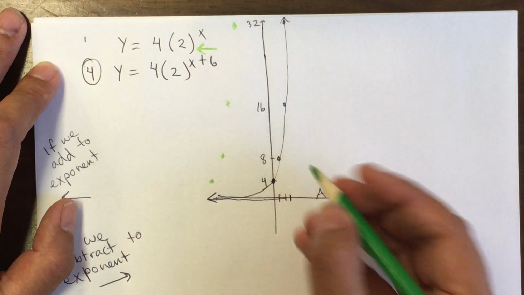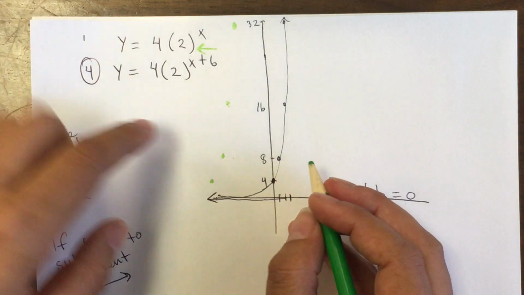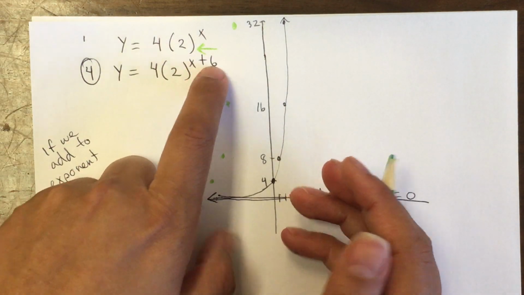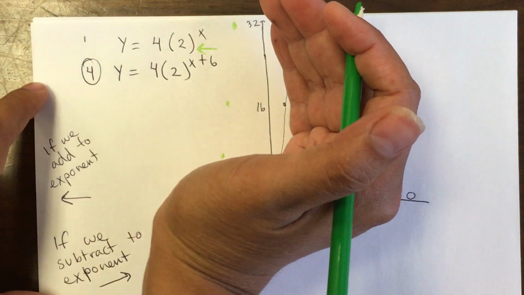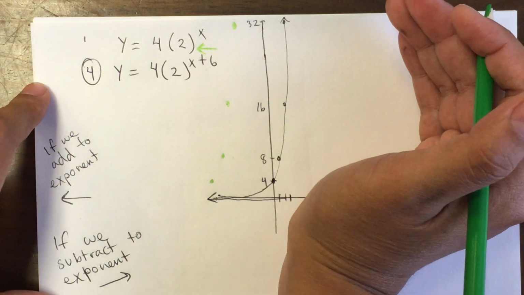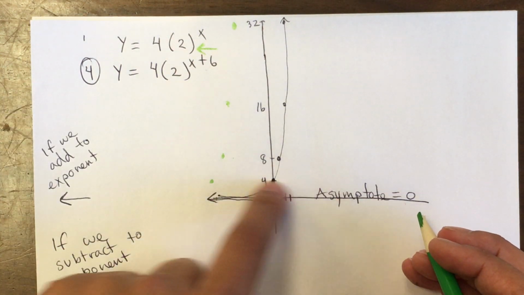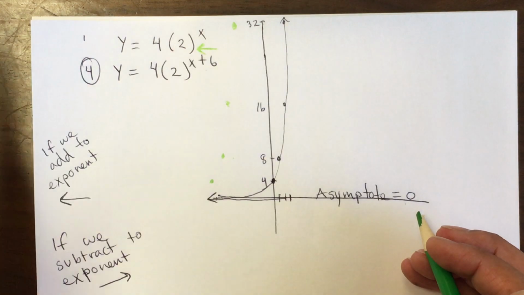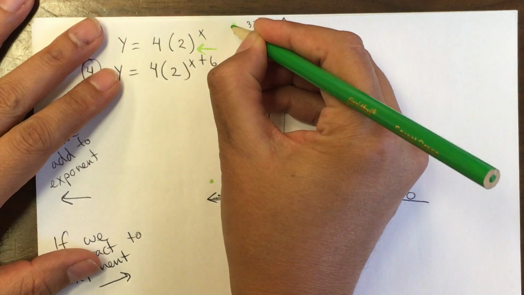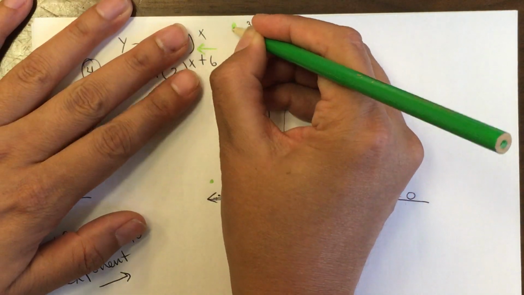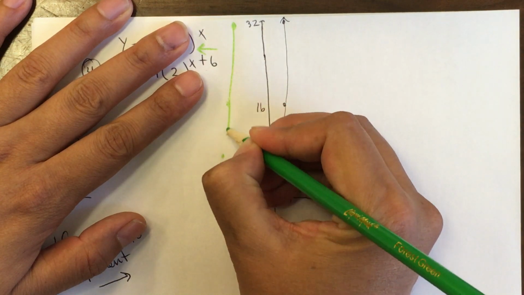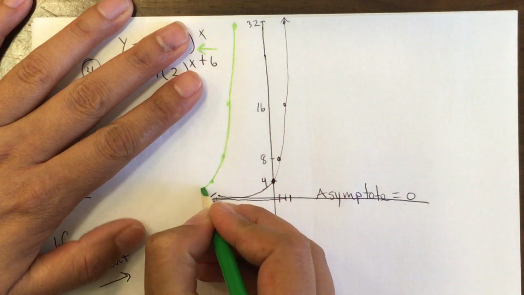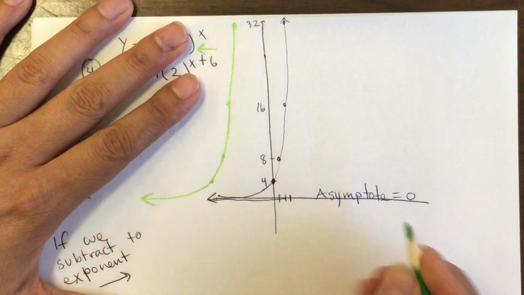So something like this. The asymptote, if you notice, when we add or subtract, the curve is just going to move to the left or to the right. So the asymptote is not going to change when we move left or right. So basically my line will be something like that.